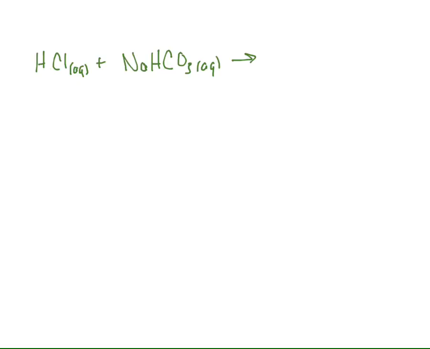Okay, so let's do the same thing. You know double replacement reactions. You know how to swap the anions and make new products. So it was H plus with Cl minus and Na plus with HCO3 minus. Now we're going to put the H plus with the HCO3 and the Na with the Cl. So what are H and HCO3 going to make?